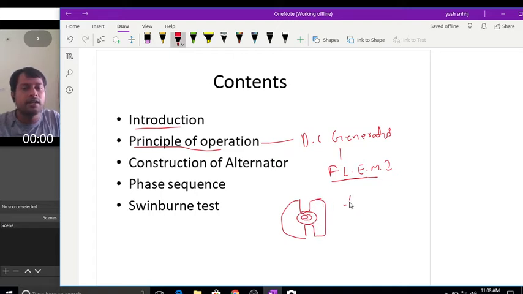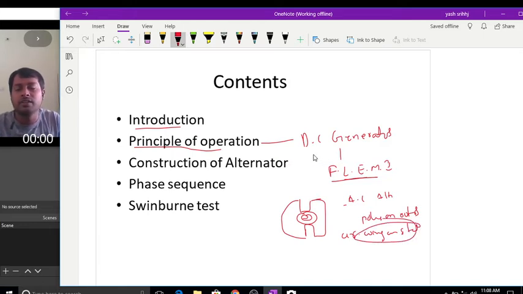But in the AC generator or alternator, poles are on rotor and armature winding on stator. So that is a change. That is a difference between DC generator and alternator, and I will explain the difference later.